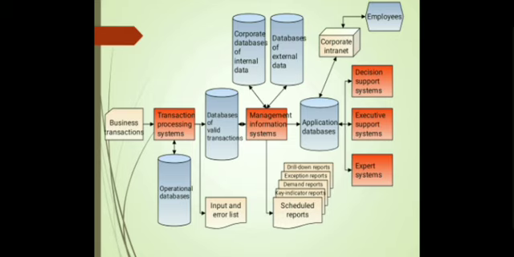And various scheduled reports are prepared, and the information created by MIS is stored in application databases, extracted from the corporate intranet and from employee sources. And finally, it acts as an input to decision support system, executive support system, and expert system, which support middle level and top level, that is semi-structured and structured decision making, which are the major parts of the organization.